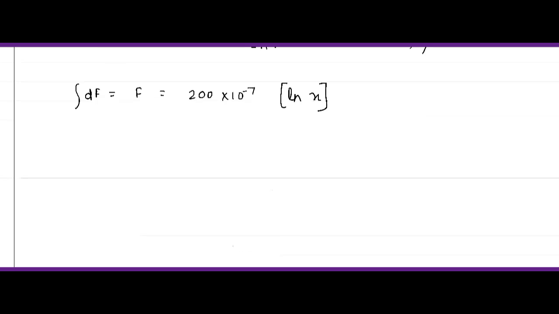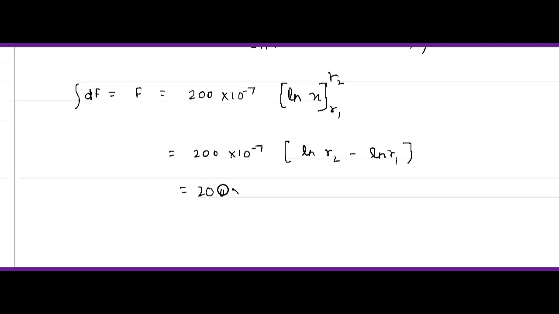So we put the limit as r1 to r2. It would be 200 into 10 to the power minus 7 times ln r2 minus ln r1. Putting in the values, 200 into 10 to the power minus 7 times ln 0.12 minus ln 0.08.